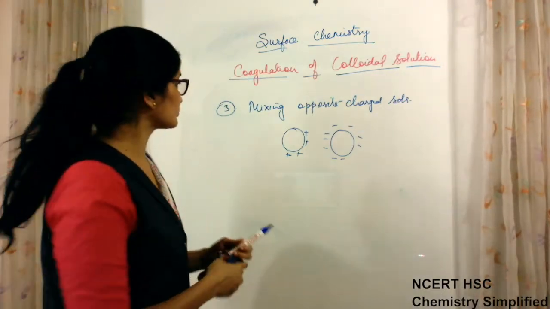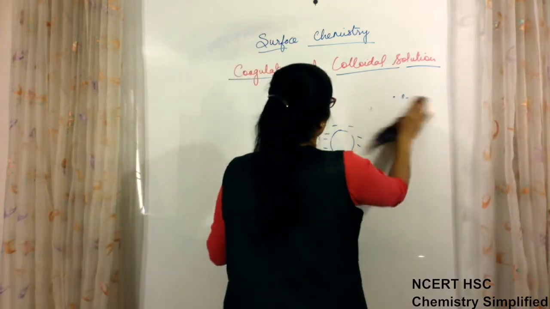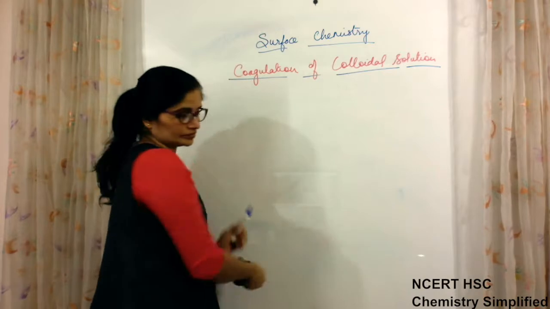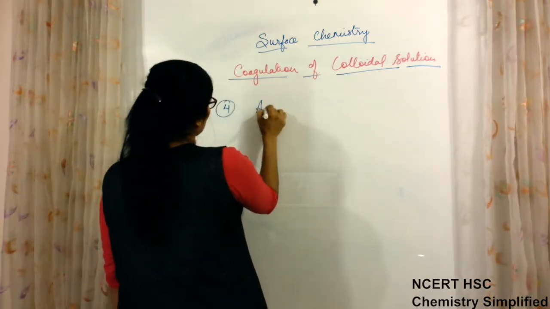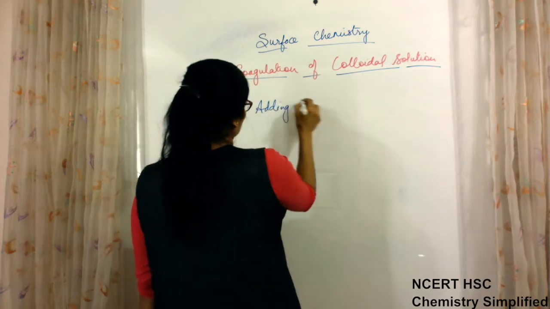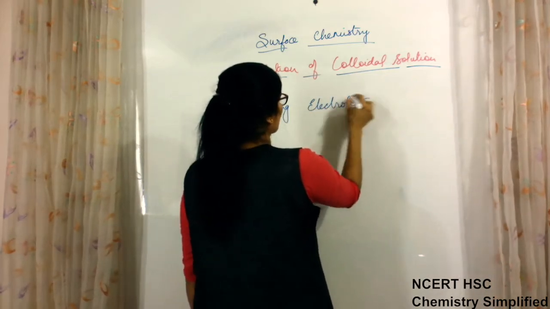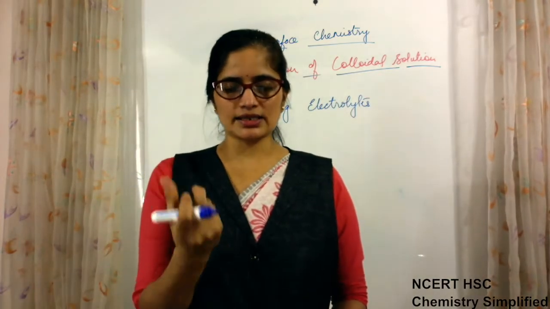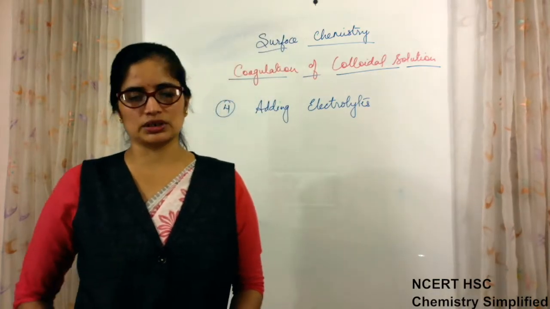Then the next important method is adding electrolytes. This is an important method, adding electrolytes. If you add some electrolytes, meaning substances which have positive and negative charges both.